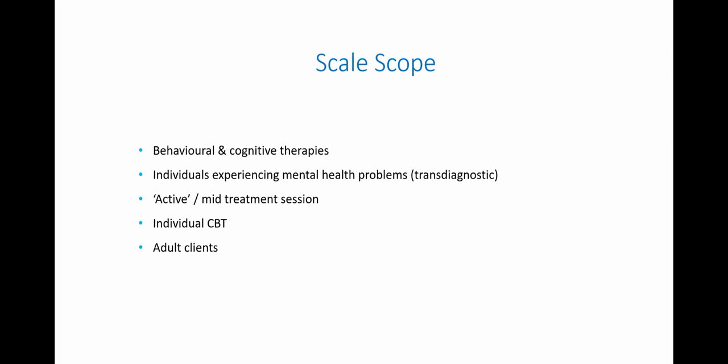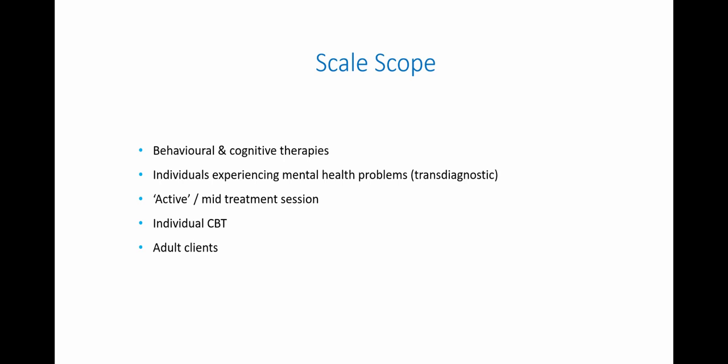We chose to take this approach because using a disorder or protocol specific approach would mean that we would need to develop lots of different competence measures for each different treatment protocol or different problem area, as well as the inclusion of a number of items which may not be applicable to the majority of sessions that were actually being rated.